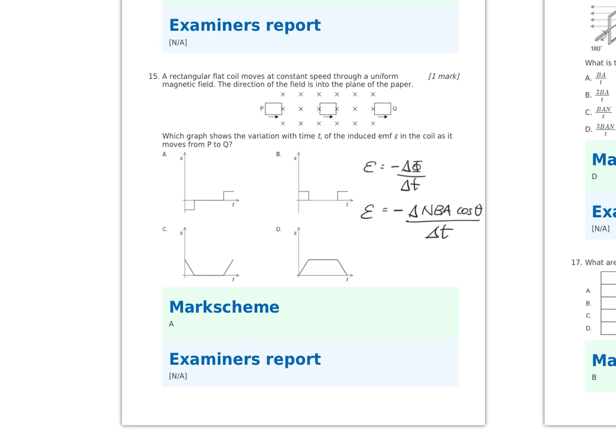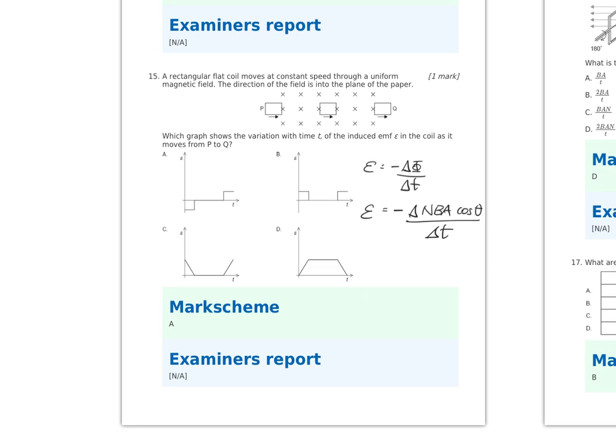And so our coil is entering the field and then exiting the field. But while it moves through the field, even though the coil is moving, there's no change in the number of coils. There's no change in the magnetic field strength because it's a uniform field.